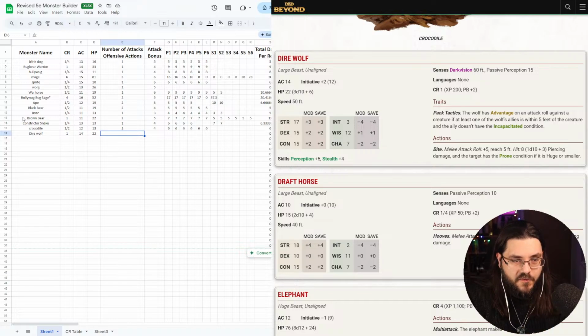But from what I've seen so far, all of the CR1 and lower creatures all seem to be weaker, or all seem quite weak anyway.